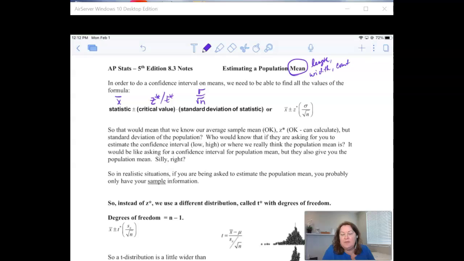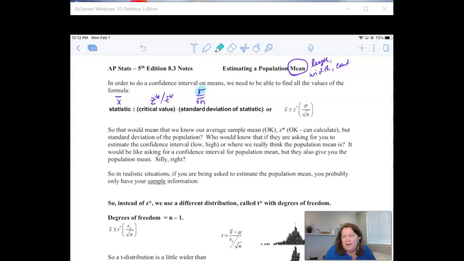Okay, so that would mean we're trying to give them a guess at what we think the mean is, plus or minus some amount of error. But our formula says that in order to make the guess, we have to know sigma, which is the standard deviation of the population.